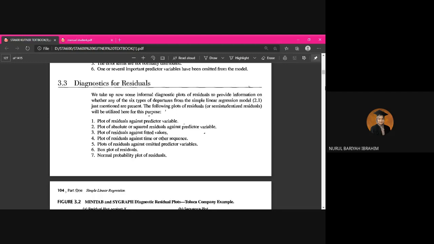The assumption for linear regression is that the residual should be linear, which we discussed in the previous lesson on linearity. And then the residual should be normal, and the residual should be independent and also have constant variance, right?